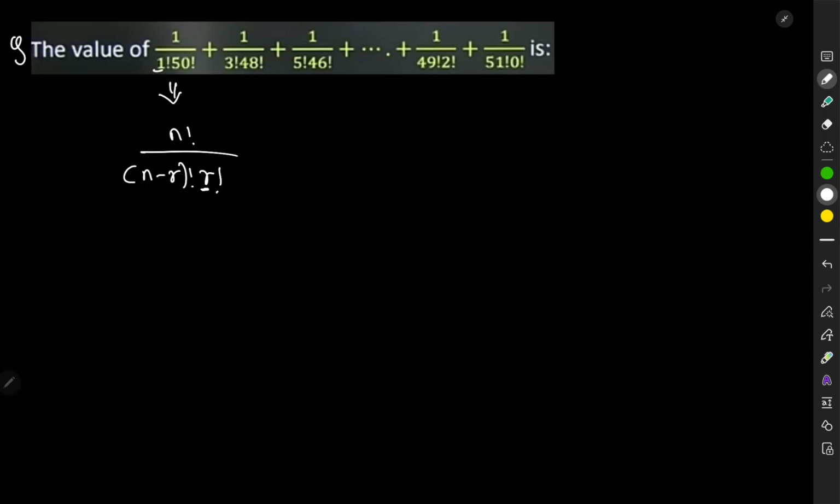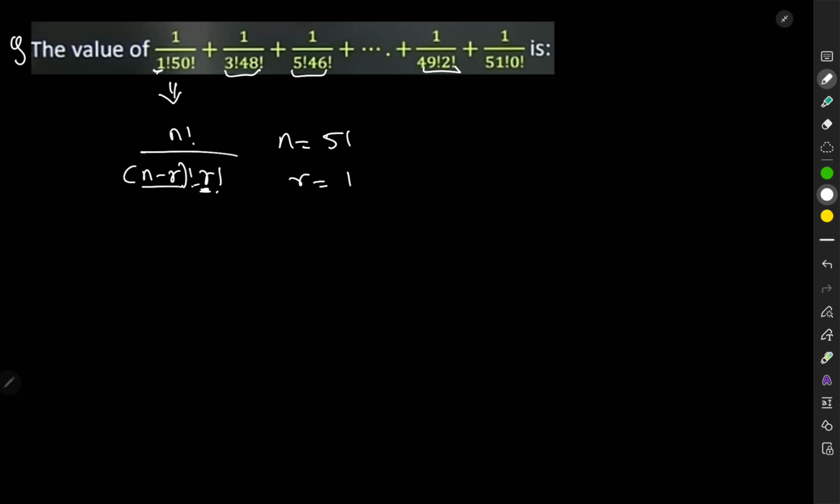Because all the sum, if you see 5 plus 46 you will get 51, and all the sum is constant, so I can tell this is in this form. Fine. In this case r is 1, so n is equal to 51, r is equal to 1. Okay, but there is a missing term which is n factorial.